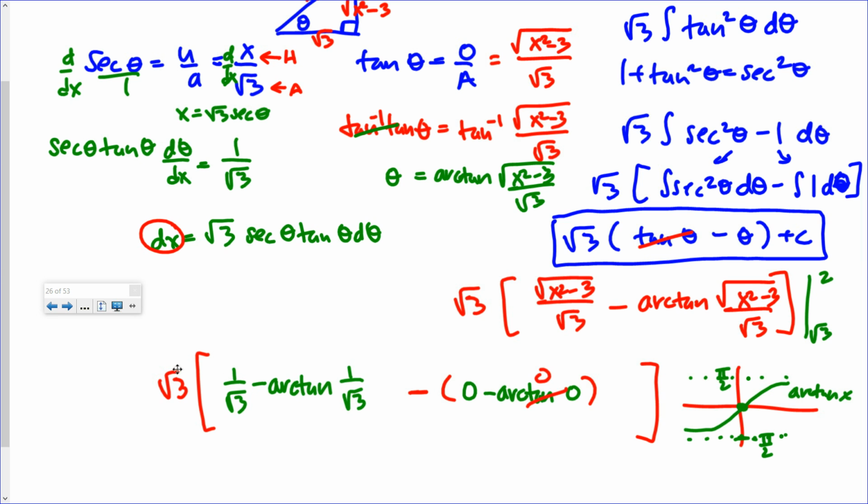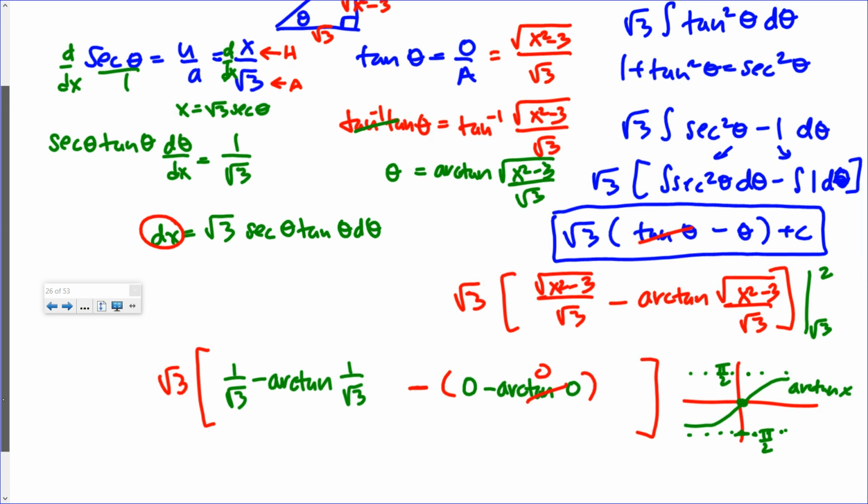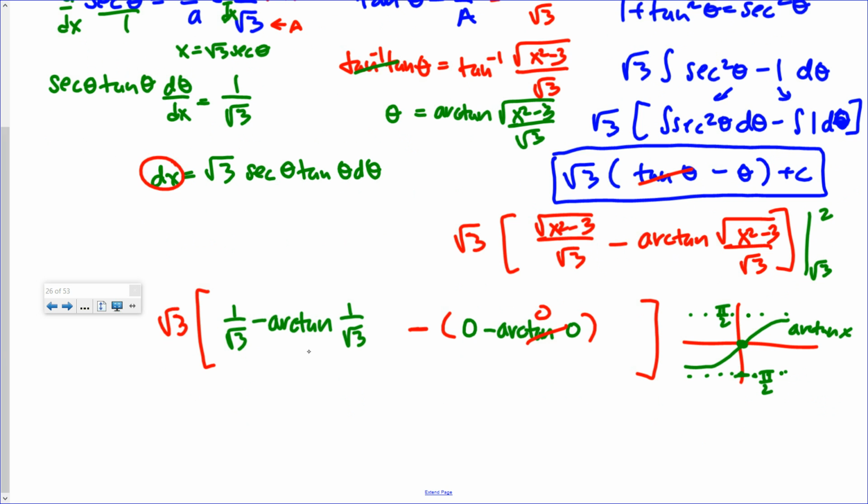On this side, this is going to be your answer, but what is the arctangent of 1 over square root of 3? The answer is the angle whose tangent of theta is equal to 1 over square root of 3, or square root of 3 over 3, however you want to think about it. Let's think about the unit circle. Where is your tangent value, square root of 3 over 3?